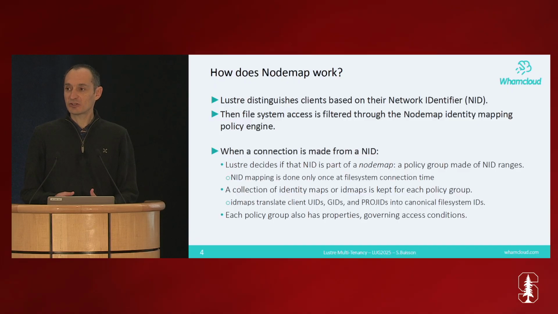And so with each node-map, we have a collection of identity mappings. Those identity mappings are simply rules that let you define how the client identifiers are transformed into UIDs and GIDs on server side. Along with these identity mappings, we also have properties that govern access conditions for the clients that belong to the node maps.